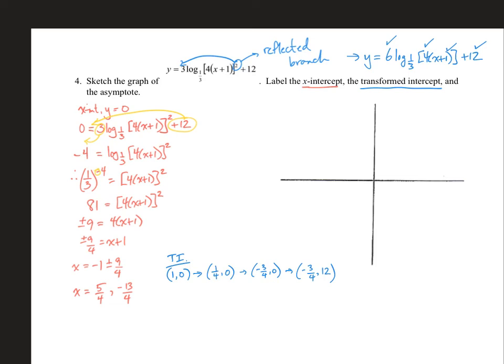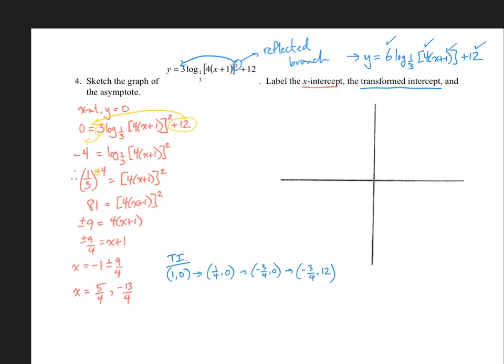Okay, the big part in our head now should be, hey, what about the reflected branch? Yes, the reflected branch is a transformation, and we have to remember when we do reflections. So as long as we make sure that we do reflections before our shifts, then we're good.